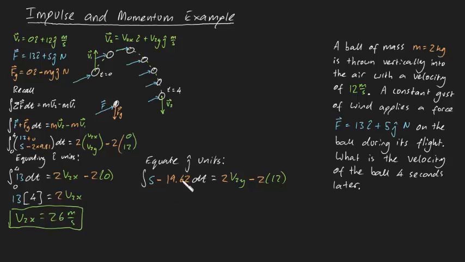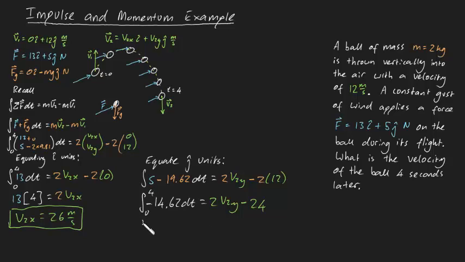And then we just need to simplify this, and this will turn into the integral of minus 14.62 dt is equal to 2 v2y minus 24. And of course, our limits for the same exact reasons are from 0 to 4.